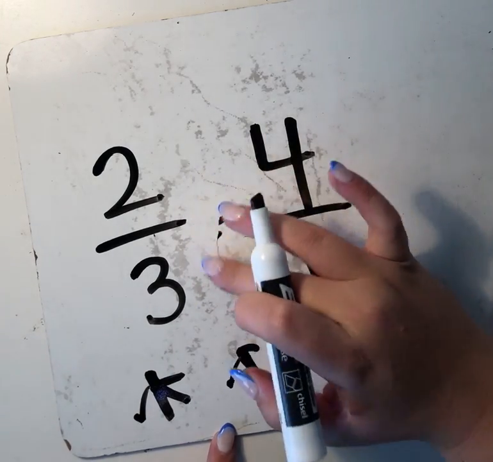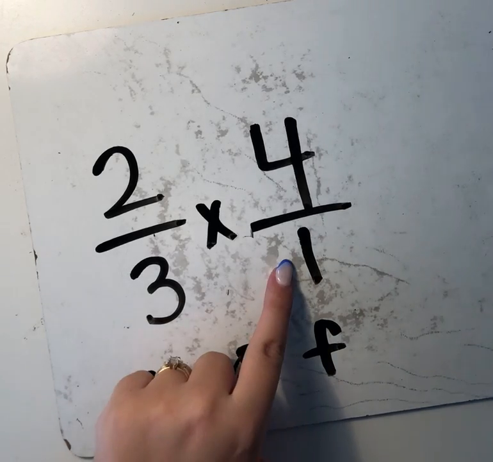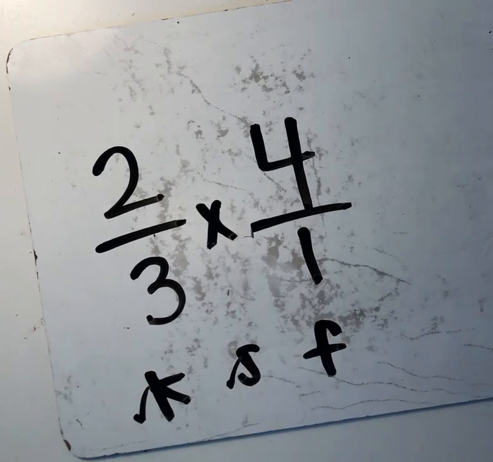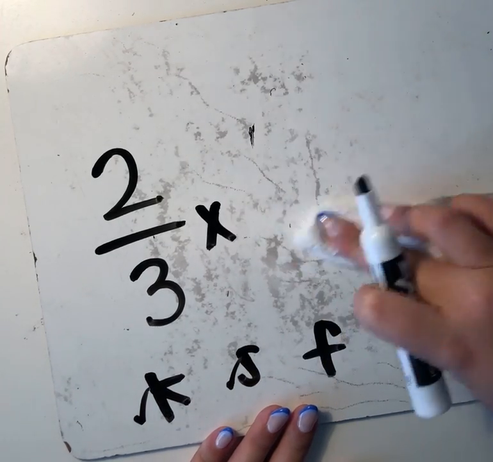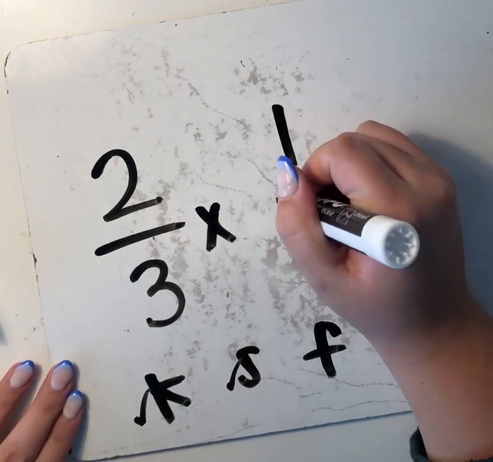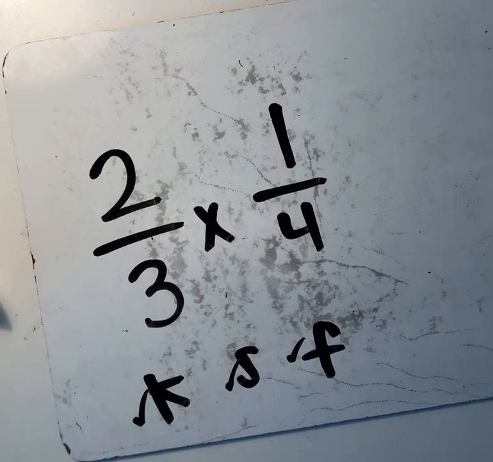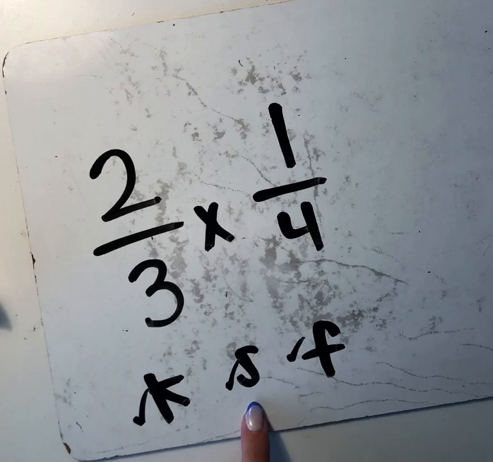I switch it to a multiplication sign. Done. This fraction I flip. So I need to flip it or make a reciprocal. So I had 4 over 1. I'm going to flip it and change it to 1 over 4. Done. I did keep, I did switch, I did flip.